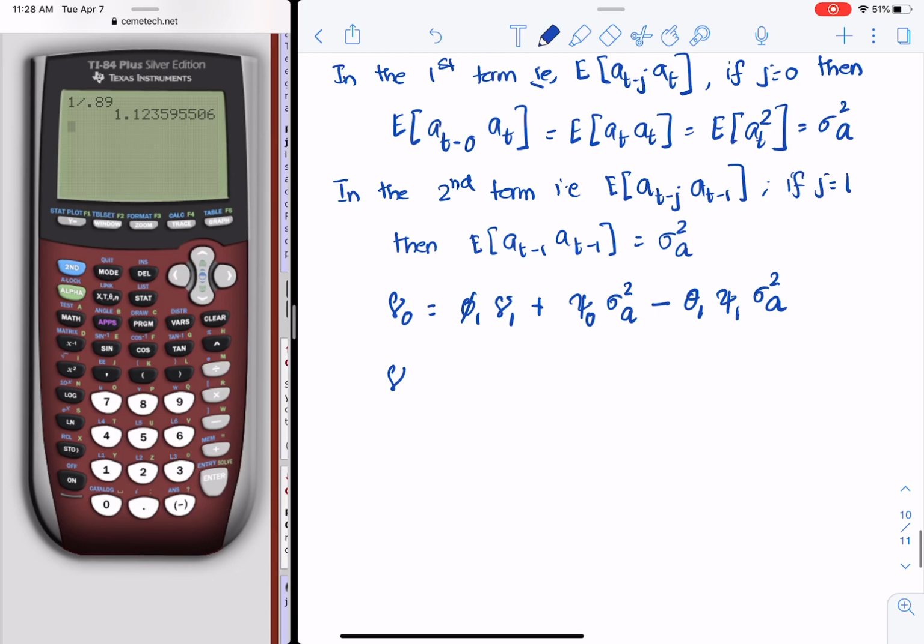Therefore, the variance of the series is phi 1 gamma 1 plus sigma squared a times psi naught minus theta 1 psi 1.